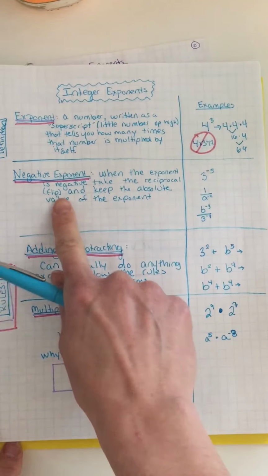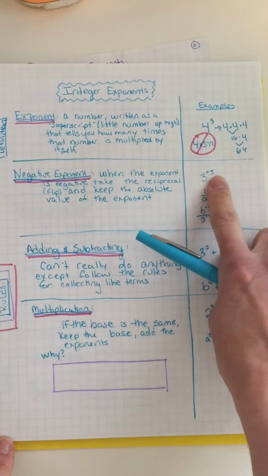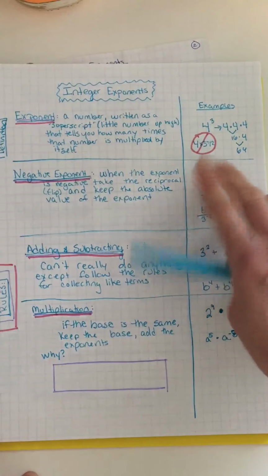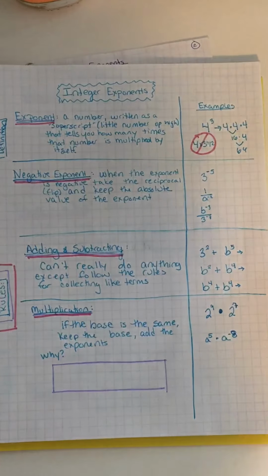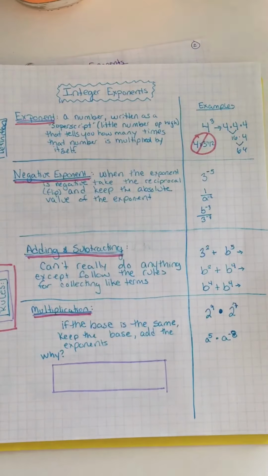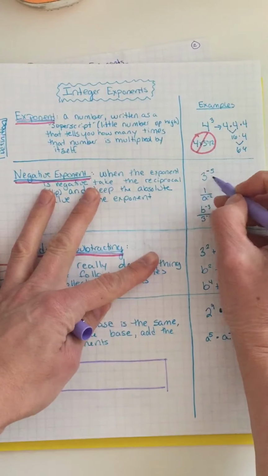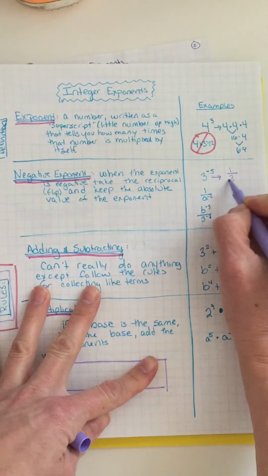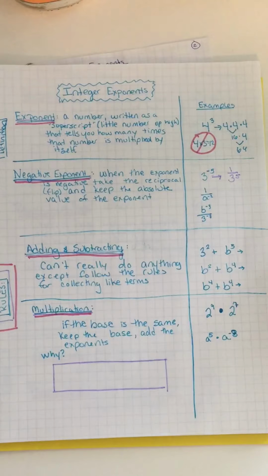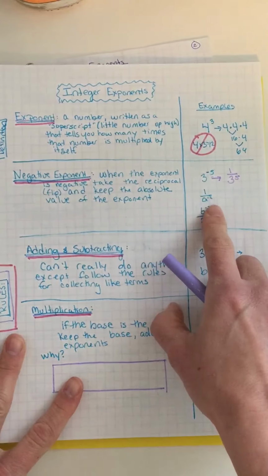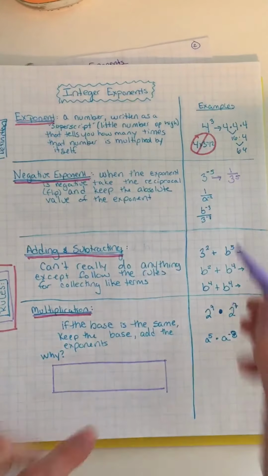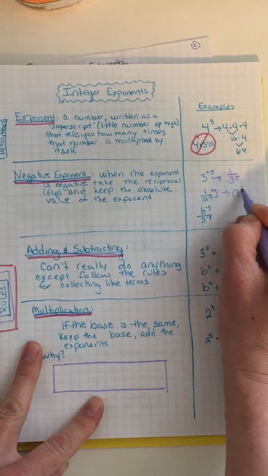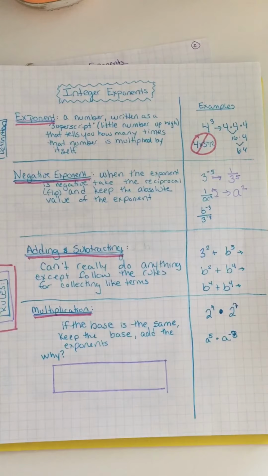Now, when I have a negative exponent, I don't ever really want to leave it like that. A negative exponent means that I have to take the reciprocal, or the flip, but keep the absolute value. So, for example, 3 to the negative 5th power would become 1 over 3 to the positive 5th. 1 over a to the negative 2nd power, well, I'd flip that, and this would just become a to the 2nd power, or a squared.